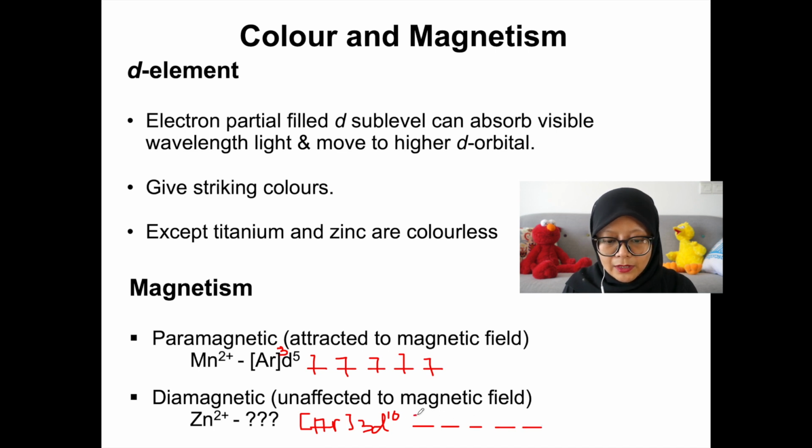Then you need to fill up singly one by one, and then you need to pair up 1, 2, 3, 4, and also 5. So zinc is a diamagnetic ion, in this case zinc 2+.